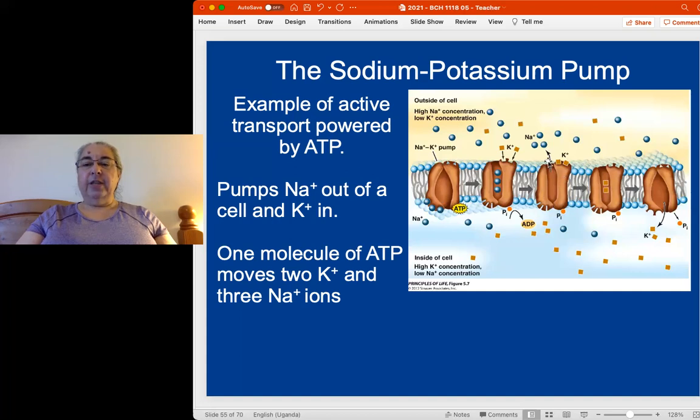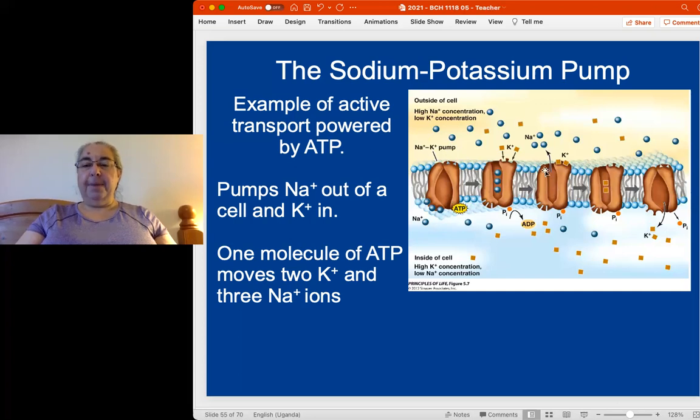So now the sodium ions are released on the other side of the membrane. The potassium ions are bound and allowed to enter, pass through the membrane, and be released on the inside of the cell, resetting the molecule to its original condition so that the sodium is able to bind again.